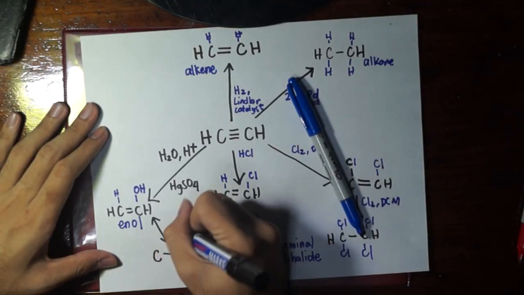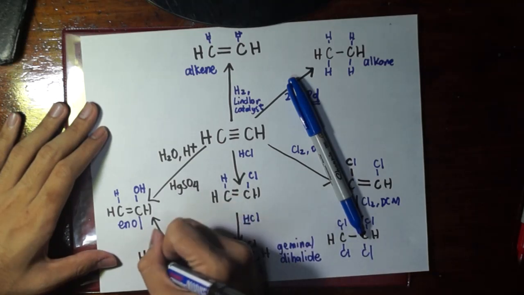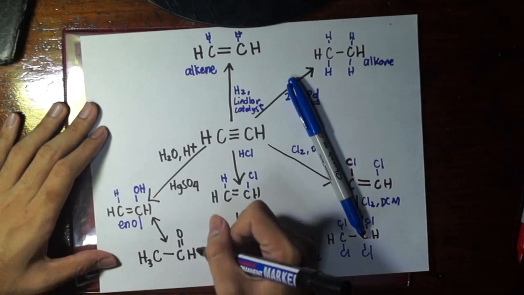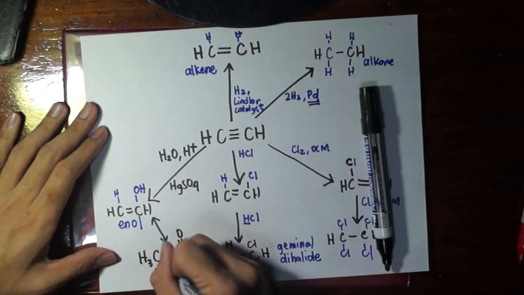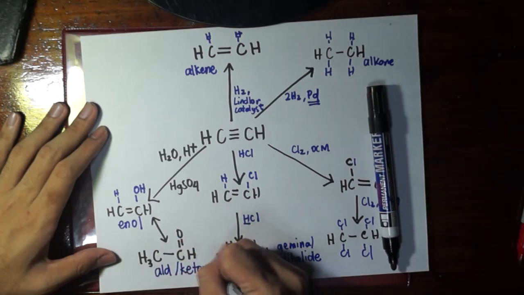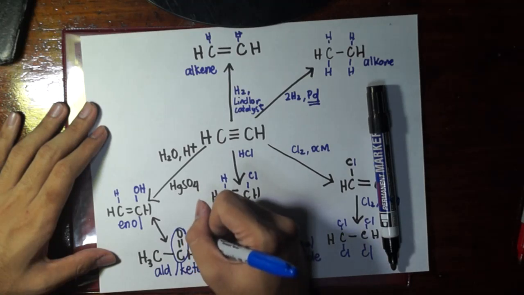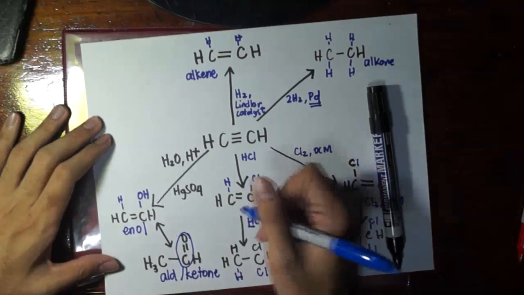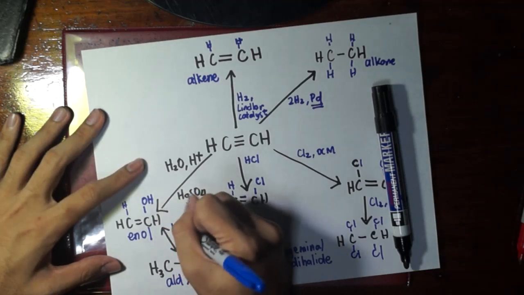The O will get the double bond and the carbon will get the single bond. And so actually what we get here is an aldehyde or a ketone. And we get here the aldehyde, the keto group or the carbonyl group.